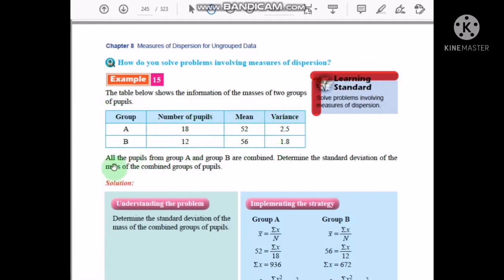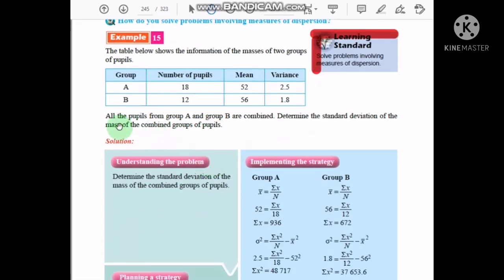What does the question ask you? All the people from group A and group B are combined, and determine the standard deviation of the mass of the combined group of people.